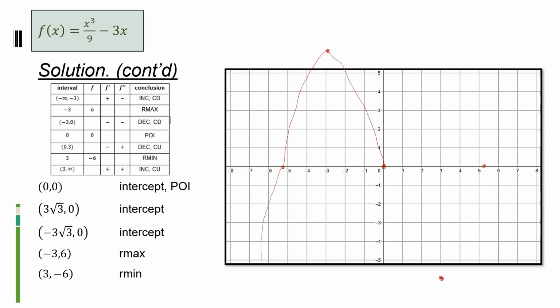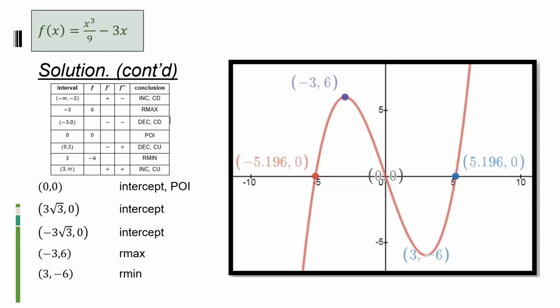So, mag-change ng concavity dito. So, from 0 to 3 naman, we have a decreasing function and then concave up. And then, at 3 to positive infinity, we have an increasing function na concave up. So, ganyan yung itsura ng ating graph. Or, para mas clear, ito yung kanyang itsura.